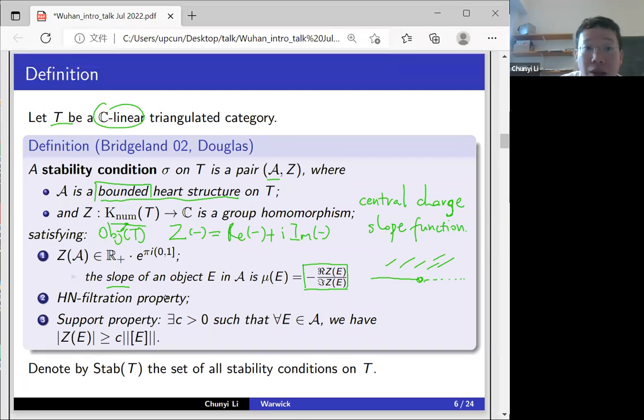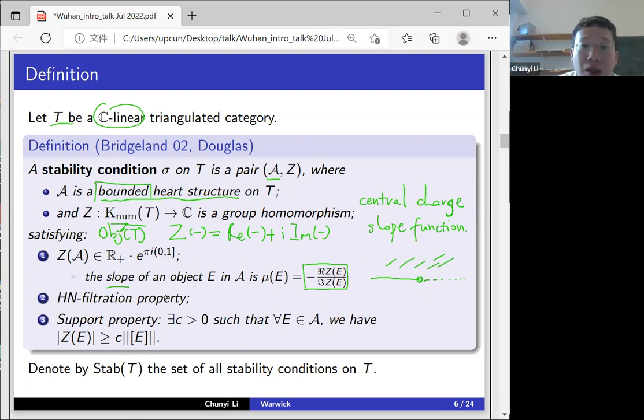To compare the slope with the central charge, the slope is defined with some comparison with the argument of the central charge.